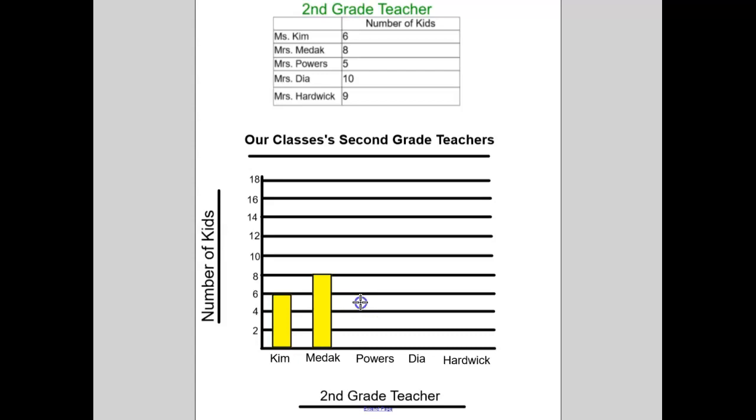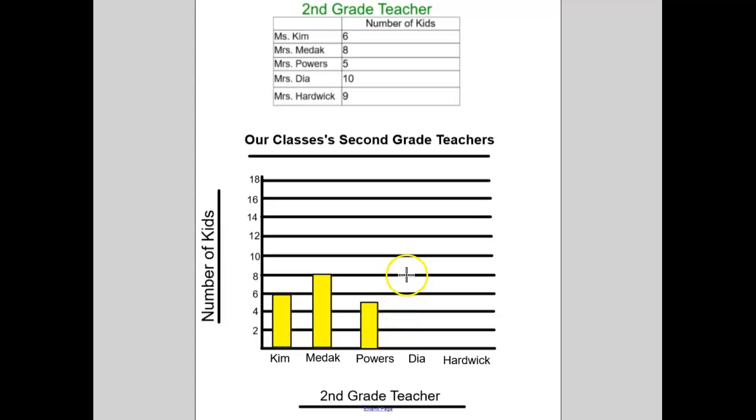So we would draw Mrs. Powers' bar right in between 4 and 6 because 5 of the students in our class were in Mrs. Powers' class in 2nd grade. Perfect job. If you need to pause the video to get caught up, please do so.